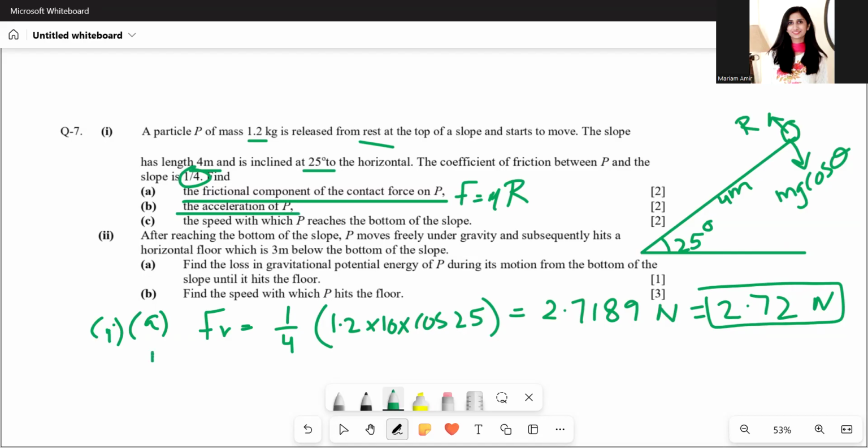For part B, we use the forward force, which is going to be the sine component of weight, mg sine theta, minus the backward force, which is friction, is equal to ma.